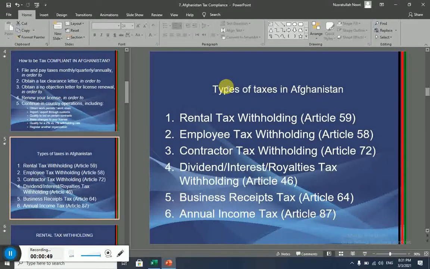Today, as this is part 2 of chapter 7 or lecture 7, in this session we'll be discussing how to calculate the remaining 3 types of taxes, and later on we will discuss what non-compliance means, and when an entity is non-compliant, what will happen at the Ministry of Finance.